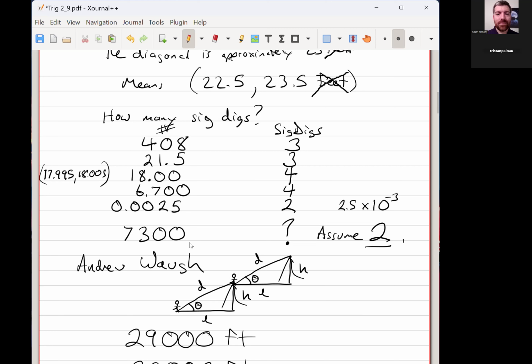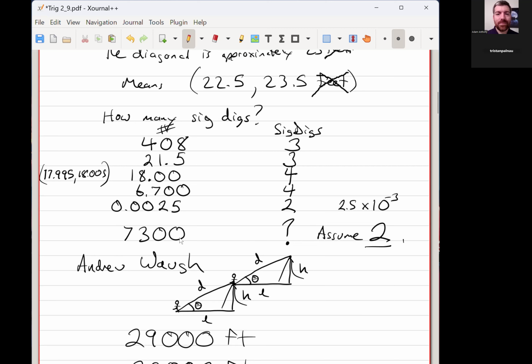So we have to be given some context for numbers like these. And so if we're not given any context, we have to assume the smallest number of significant digits in the number. In this case, two is the minimum. So that's what we would assume, that this number was measured to the nearest hundred of whatever units.